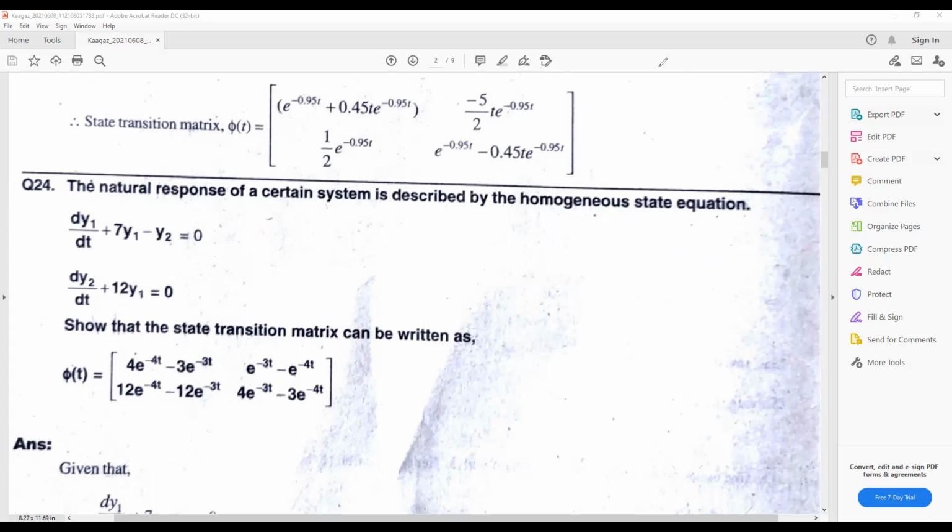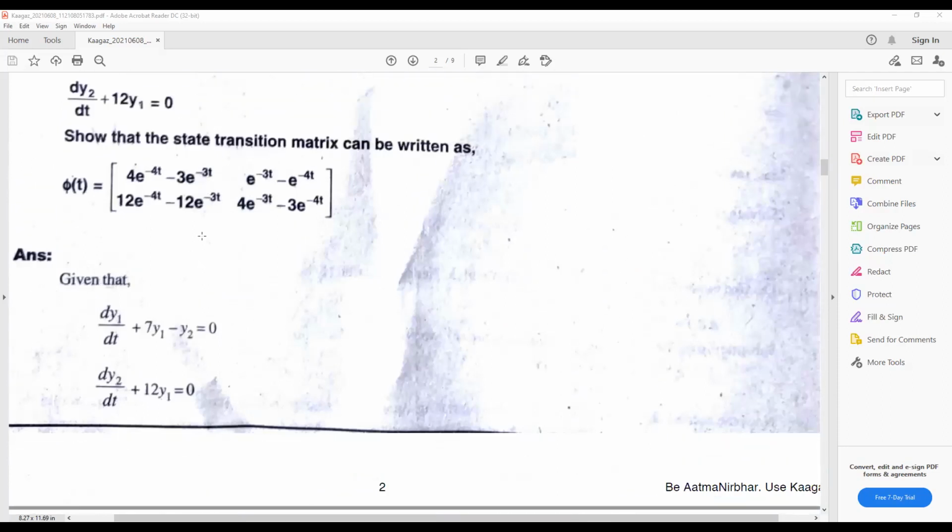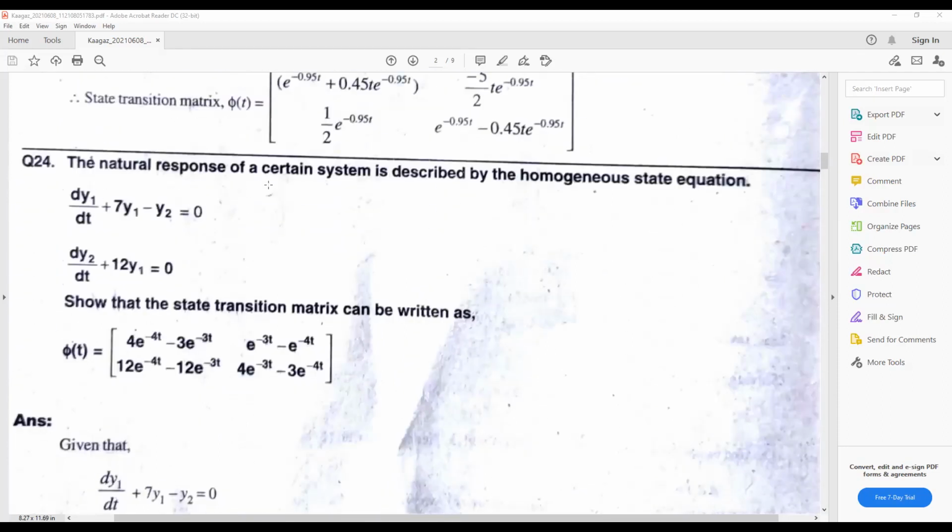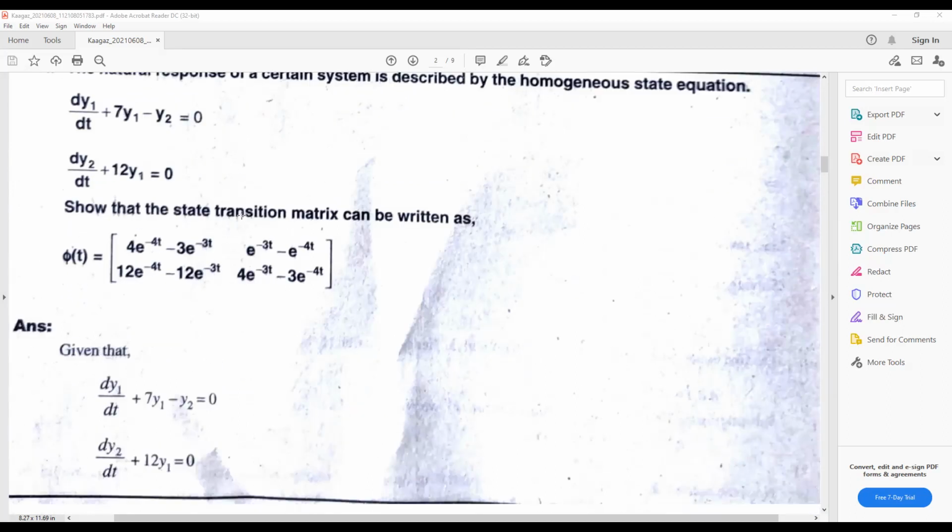Okay, so first, in the given homogeneous state equations, dy1 by dt plus 7y1 minus y2 equal to 0, dy2 by dt is equal to minus 12y1.